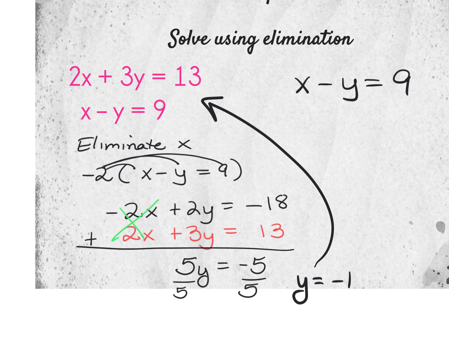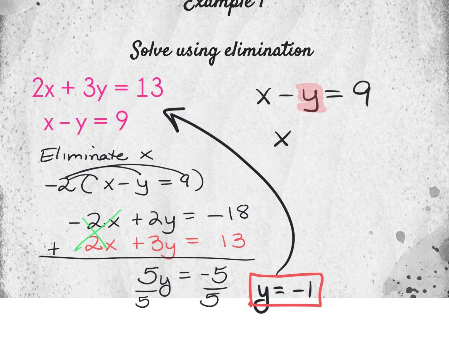I'm now going to take what I found y equals, and replace the y here with a -1. Be very careful when you have negative numbers. So I've got x and then the subtraction sign, now I'm putting in the value of y, then drop down the equal sign and the 9.